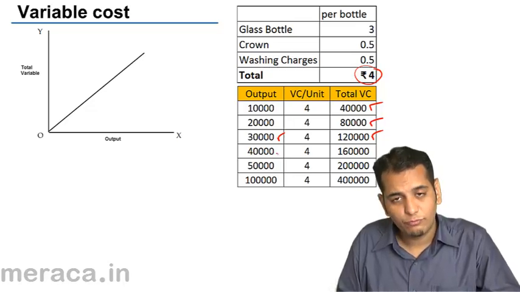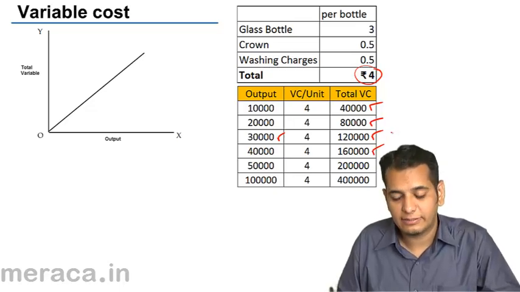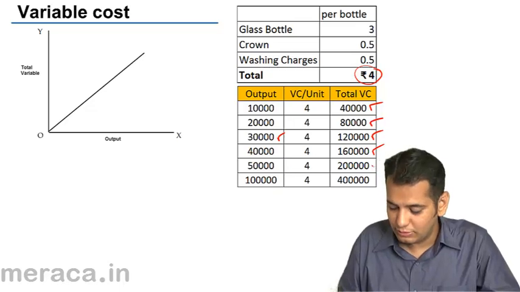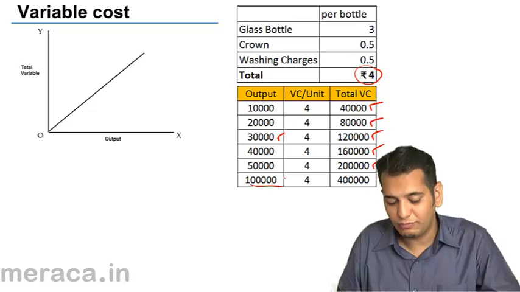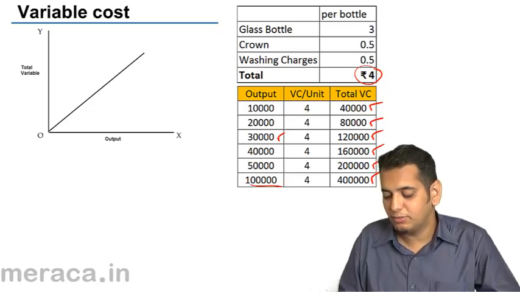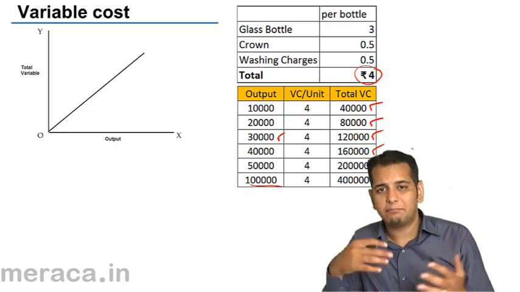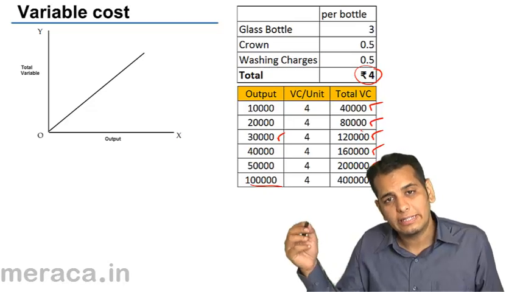If we produce 40,000 units, the variable cost will be 1,60,000. Likewise, if we produce 50,000 units, the variable cost will be 2 lakhs. And finally, if we produce 1 lakh units, the variable cost will be 4 lakh rupees. Now, what is happening is the variable cost here is going on increasing.